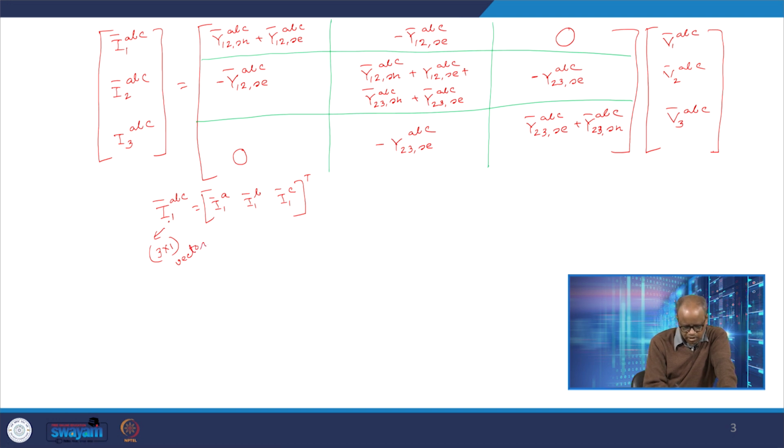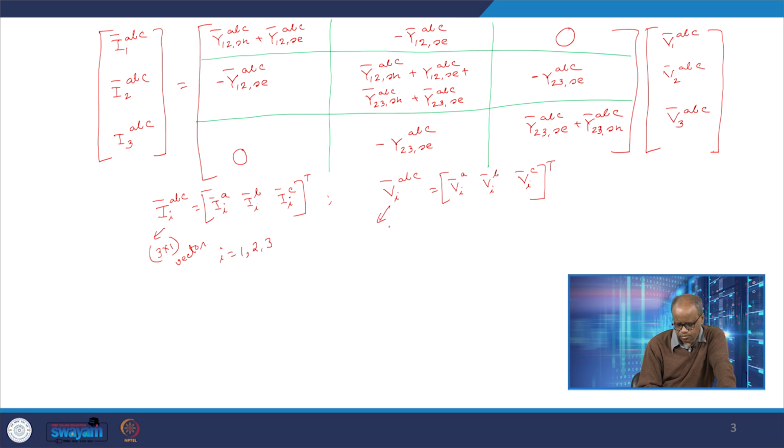Similarly, let us say Ii, where i is of course equal to 1, 2, 3 here. Similarly, Vi ABC is also a vector: ViA, ViB, ViC transpose.